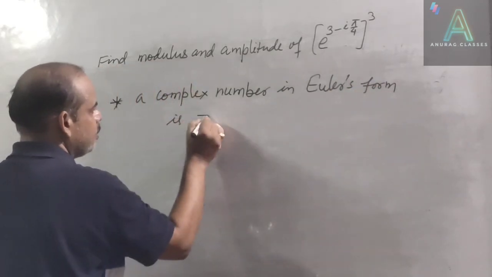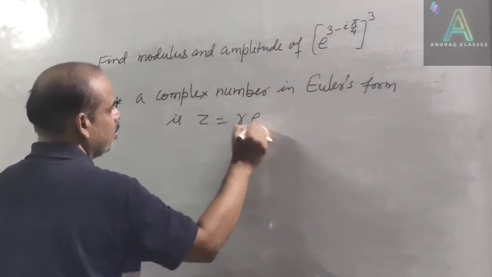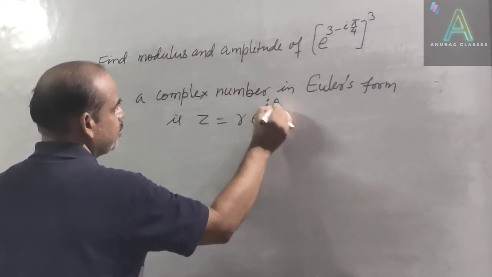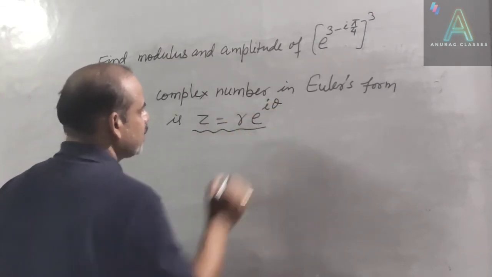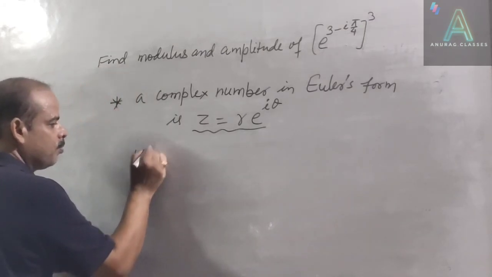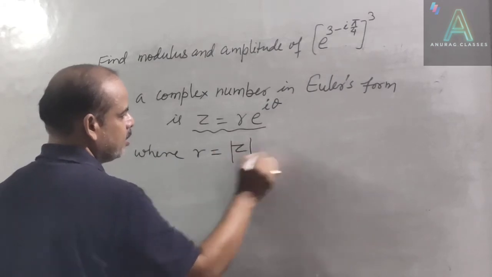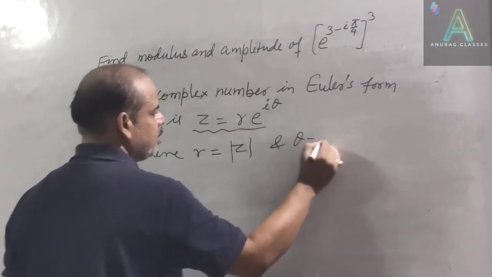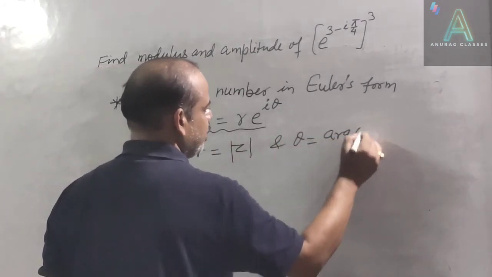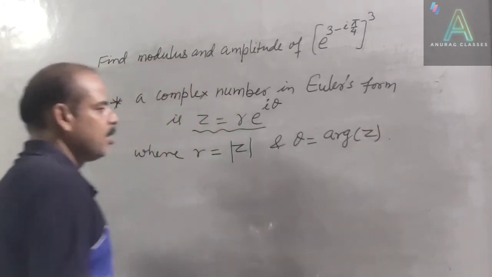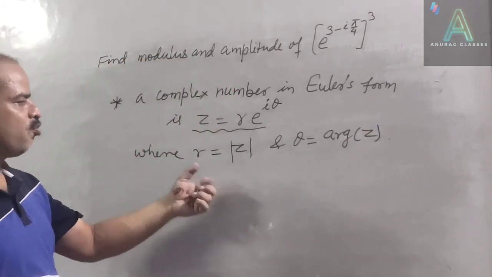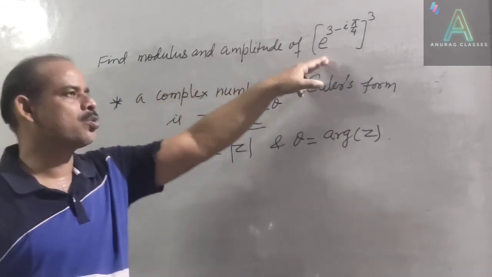is Z is equal to R e to the power I theta. This is the formula of complex number in Euler's form, where R is nothing but modulus Z and theta is nothing but argument of Z. After knowing this new formula, let us move to this question.